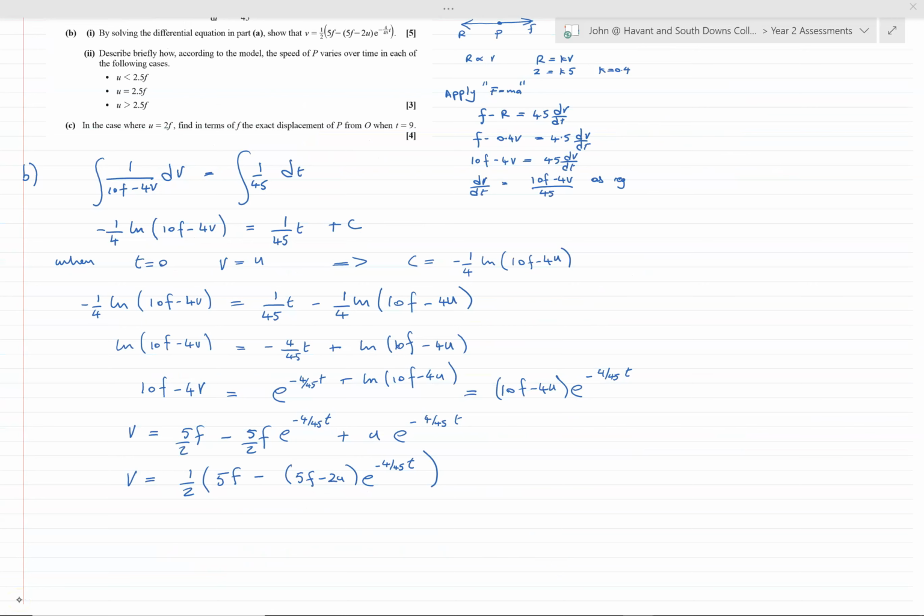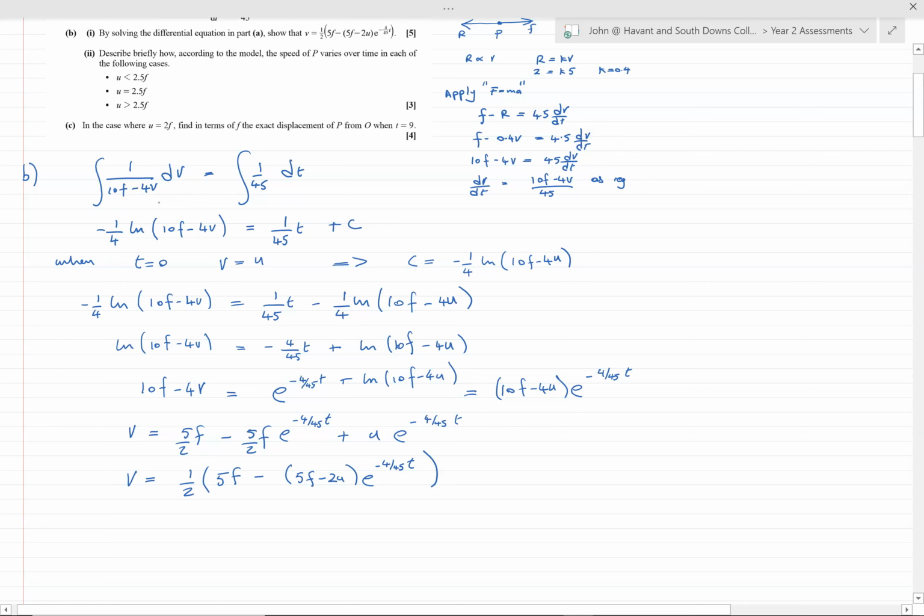Okay, so now moving to the second part. There's a reason why it's got us to write it in this particular form, because it wants us to look at three different cases here. And actually, going back to the original, I mentioned something about the modulus sign with the differential equations.